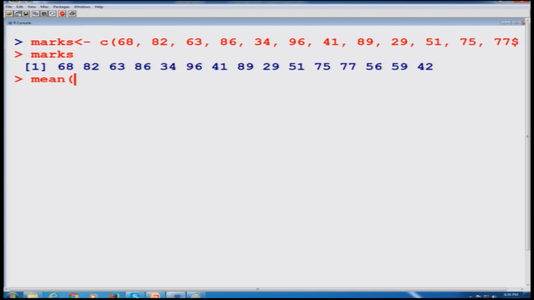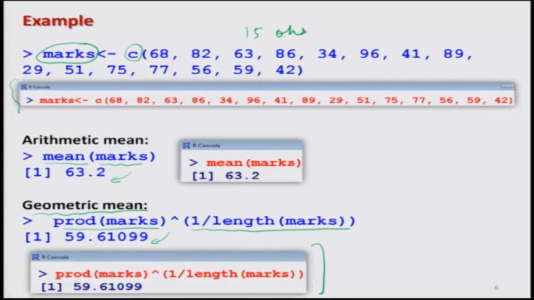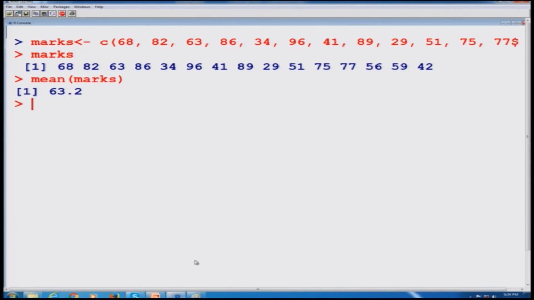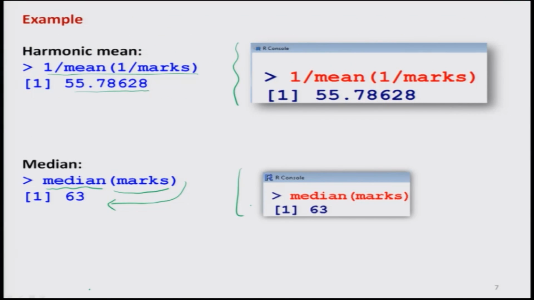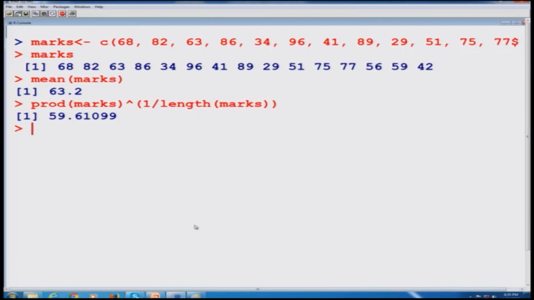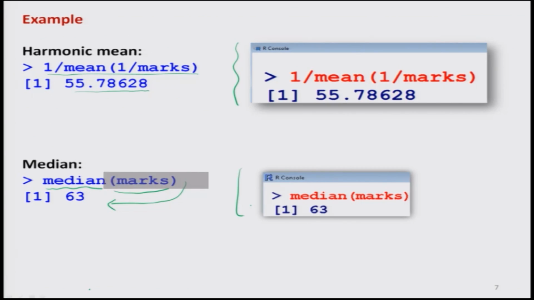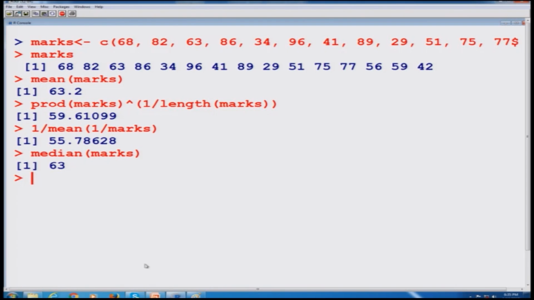And now if I want to find out the mean of marks, then this is 63.2, and similarly if I want to find out the geometric mean, then this is given by the syntax like this, and if I want to find out the harmonic mean, this is given by this syntax, which is 55.78, and now if I try to find out the median of marks, then this is given by the same command median of marks, and this is 63.